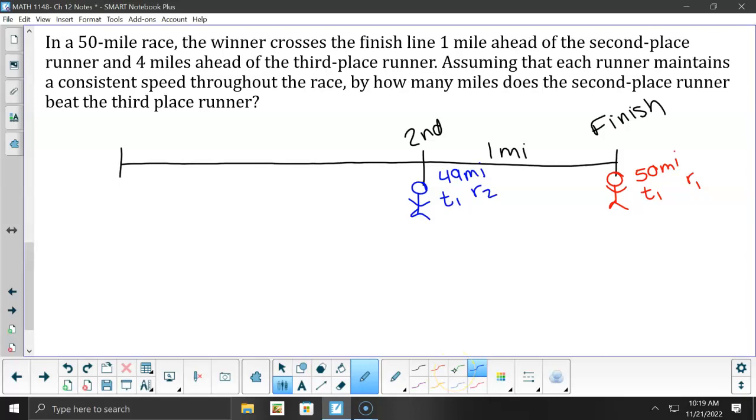And then we've got our third place dude, who's way back here. First place was 4 miles ahead, so that's still 3 miles behind second place. So he ran 46 miles. Same time, different speed. Yes?